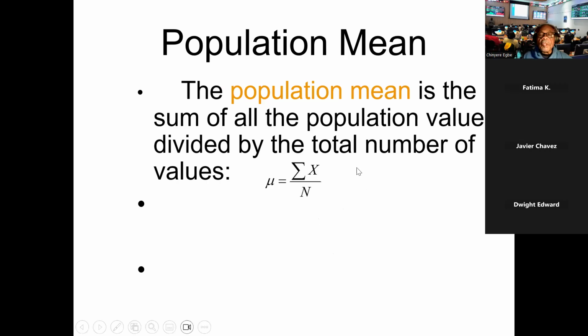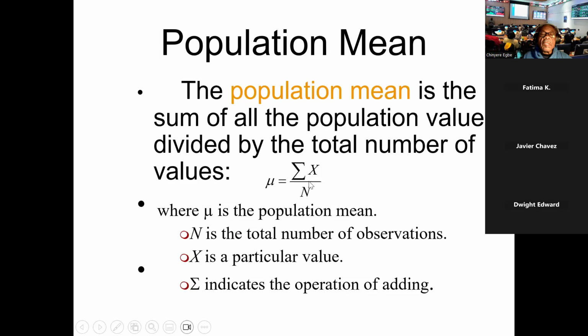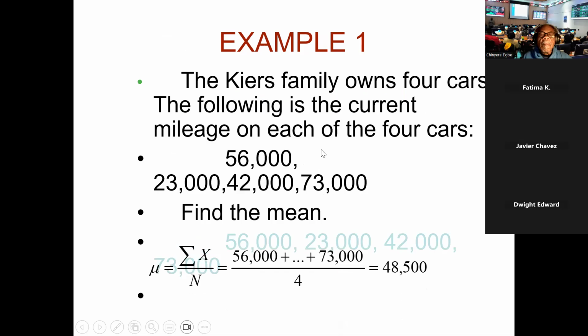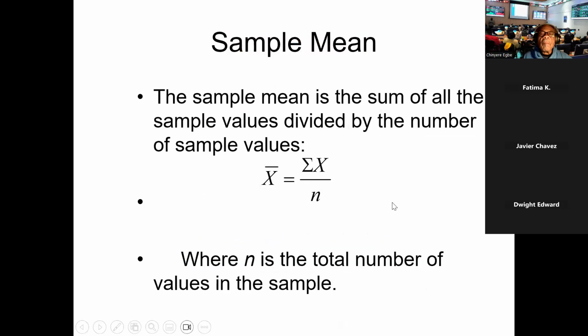Okay? So you have a population mean, and very often we'll call this the true mean. The population mean is always called the true mean because once you count every member of the population, there's no other mean. That is the true mean. Now, the sample mean is represented by an X with a bar on top of it, okay?